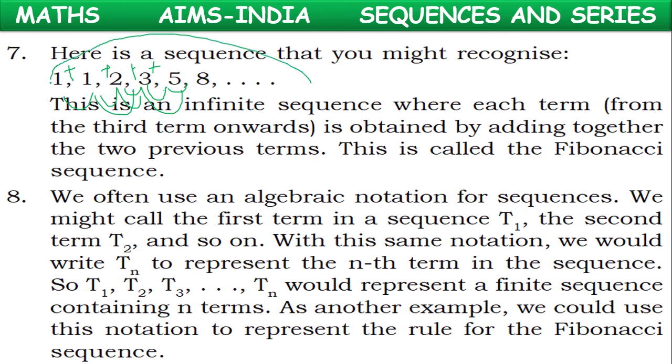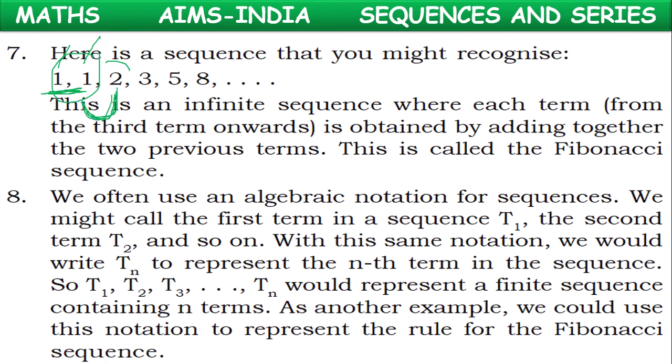These kinds of special sequences are called Fibonacci sequences. From the third term onwards, we can establish the relation between the terms.